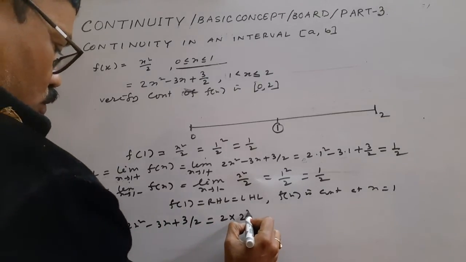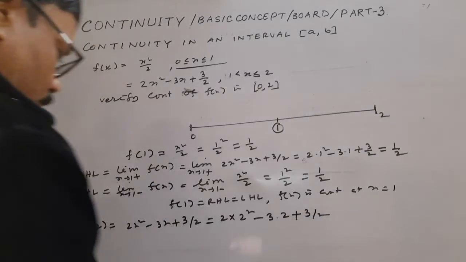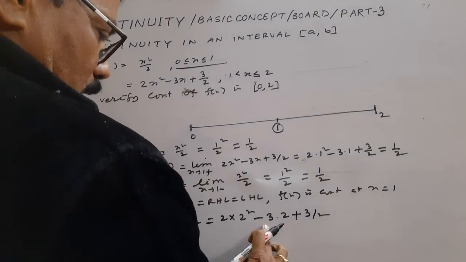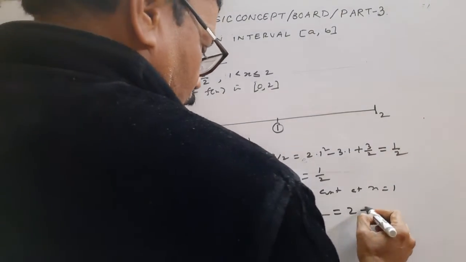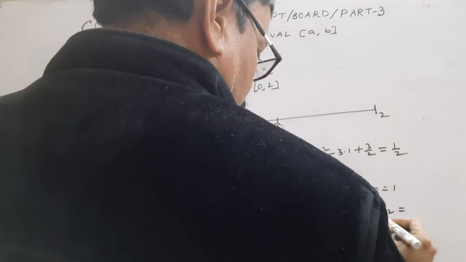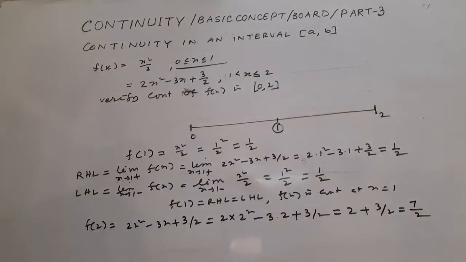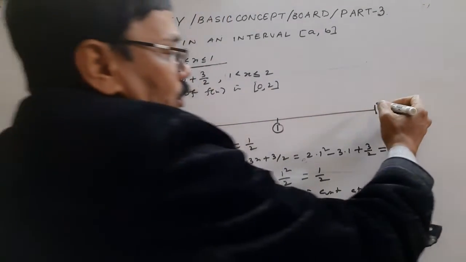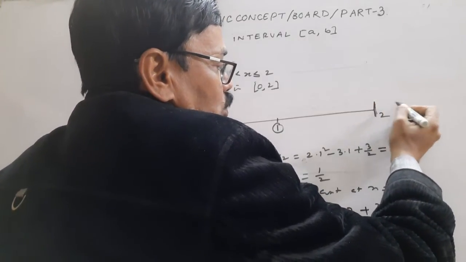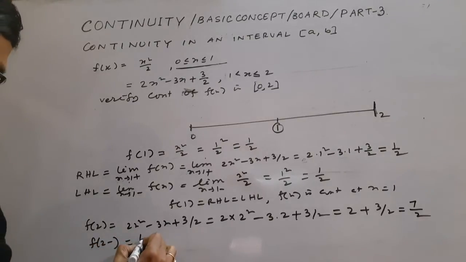So 2 into 2 square, minus 3 into 2, plus 3 by 2. 2 into 2 square, so this is 8, 8 minus 6, 2 plus 3 by 2. So 7 by 2. 4 plus 3, 7 by 2. Now we have discussed, this one is the right end point, so we do not calculate f(2) plus. So we calculate f(2) minus.